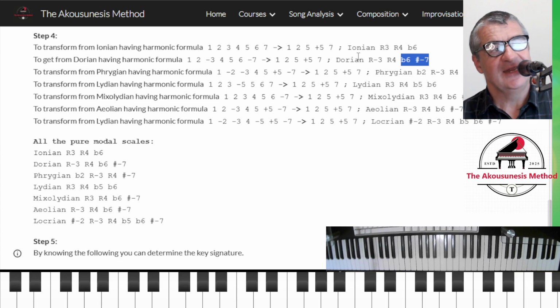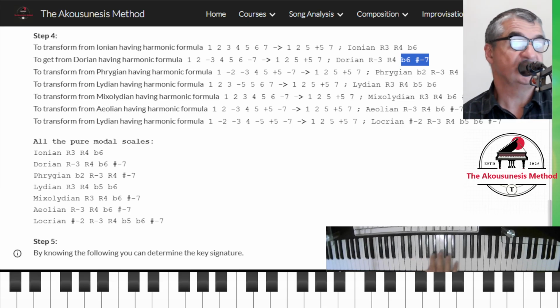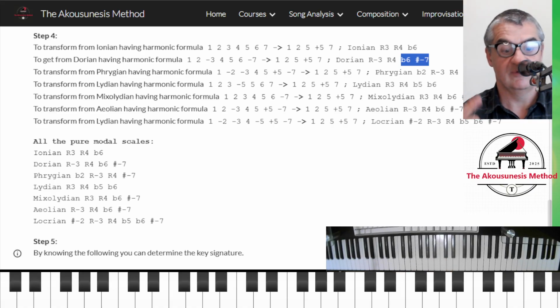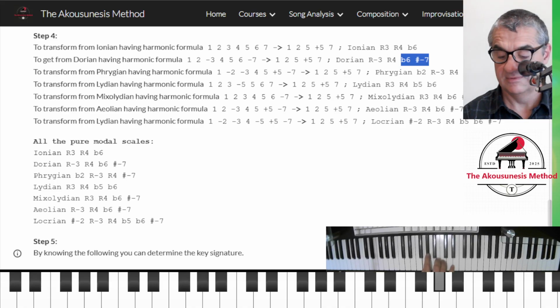So let's look at that Dorian. Now, it's a different mode, so it's going to sound different than the original one, when we had G. And I'm just playing it in order.